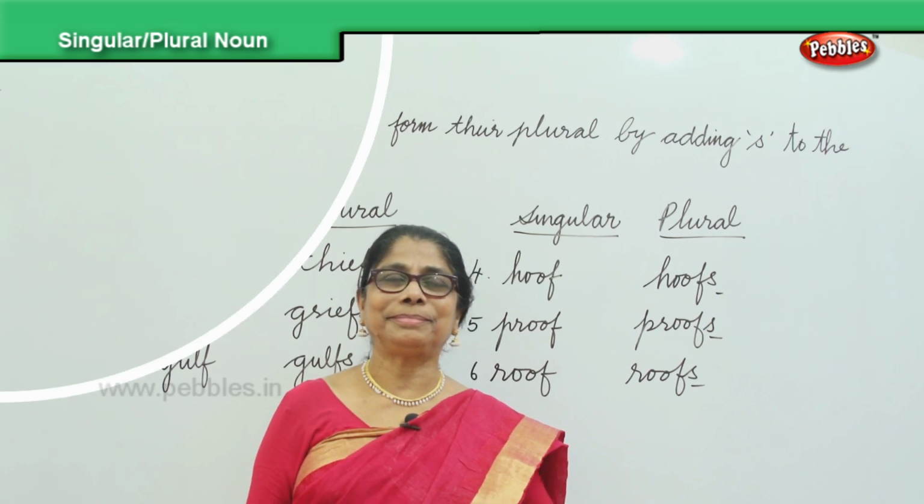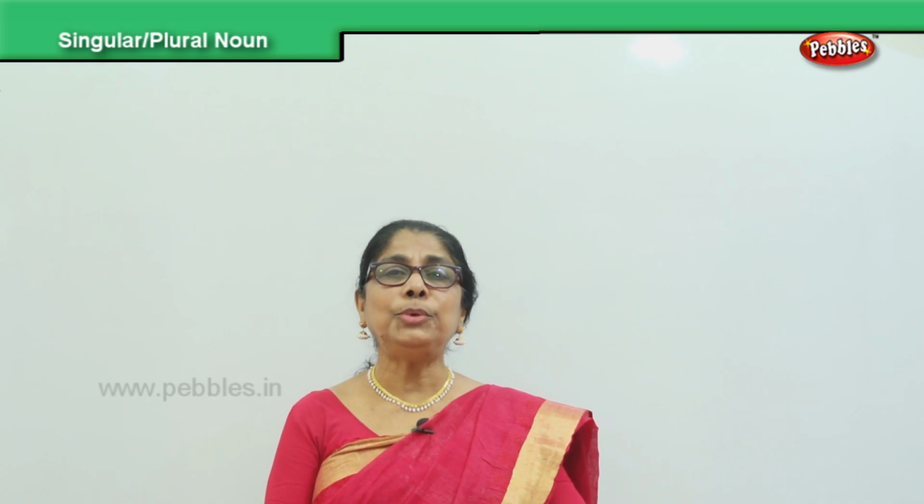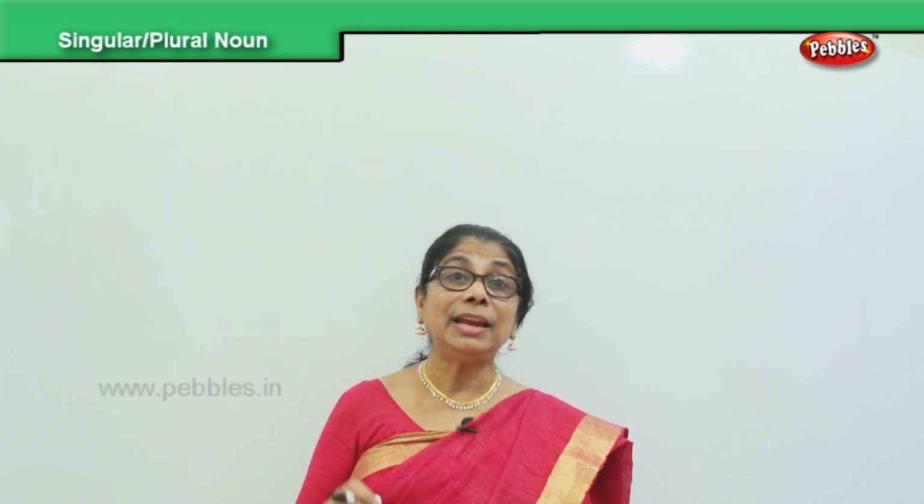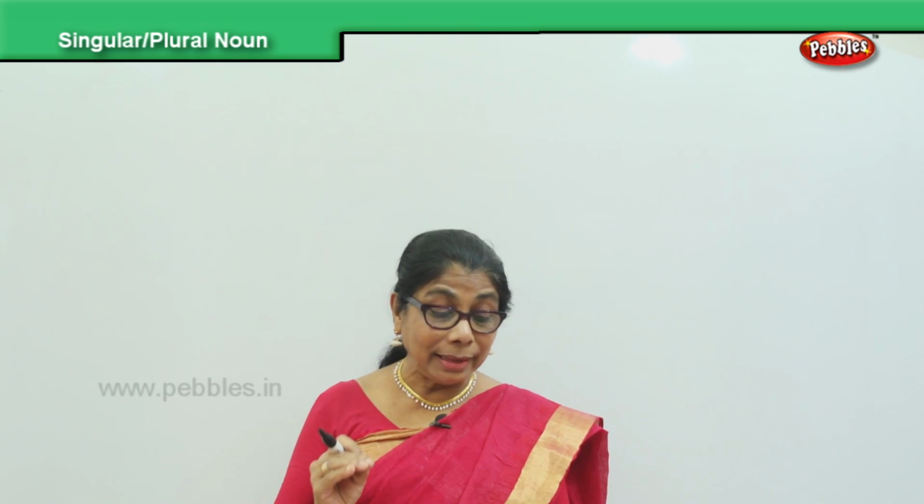Exceptions to the noun form, forming plural: although ending in F, we just add S to form the plural form. Now we go into rule number 6. To form the plural form, if a noun ends in O and there is a consonant before it, then what you do is add ES. For example, you will say hero, heroes.